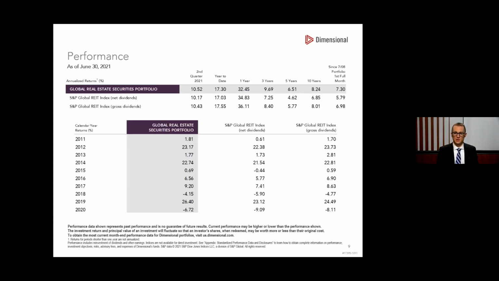And that should, of course, be valuable to investors. In this case, that extreme outperformance that maybe you wouldn't have guessed from the beginning is largely due to the inclusion that we've had of those specialty REITs I talked about, Tower and Billboard in particular, that the index didn't. So generally, if you look down this slide on a calendar year basis, you see that the global real estate portfolio performed between net and gross in dividend returns, which is broadly what you would expect.